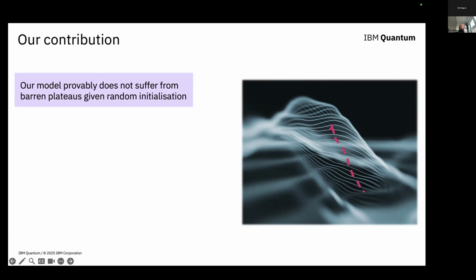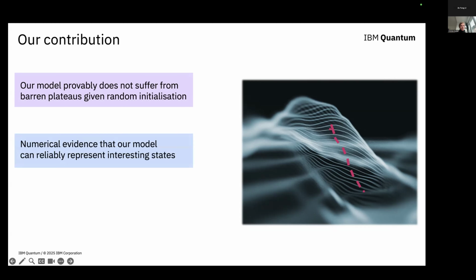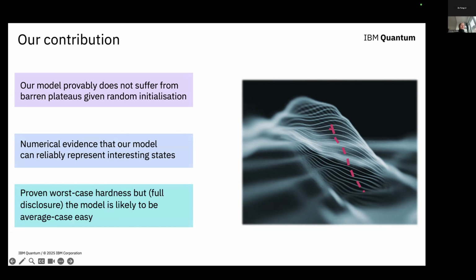Well, because first of all, we can prove that it does not suffer from barren plateaus at random initialization. We have numerical evidence that it can represent interesting states, and there is also a proven worst-case hardness result that we can relate to this model, such that there are indeed some quantumly interesting systems that we can represent with the model.